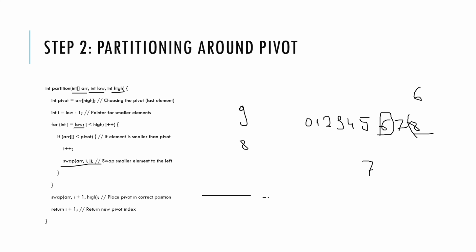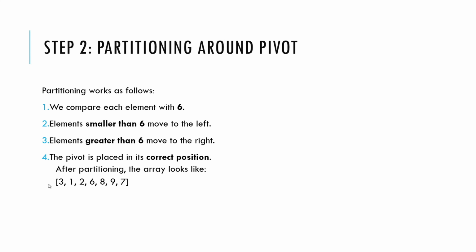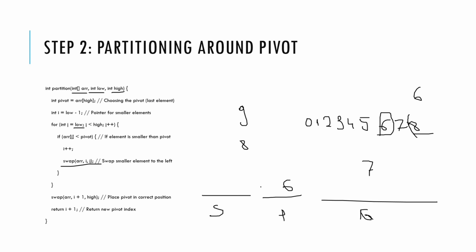We set swap. This is the pivot, this is the smaller elements, and this is the greater elements than the pivot, which is 6. We swap elements to the left. First we have the array that had 3, which is the first element that gets swapped and goes to the left side.